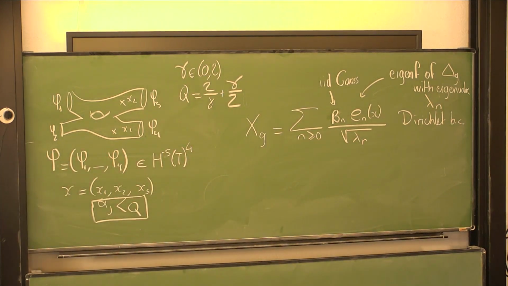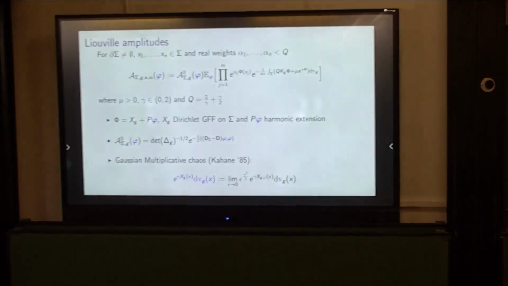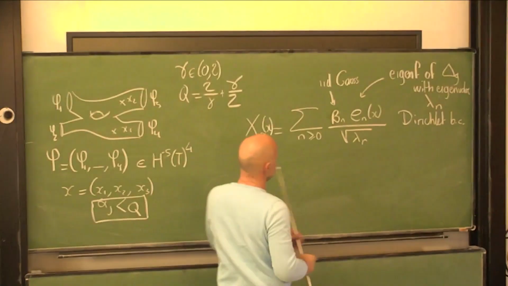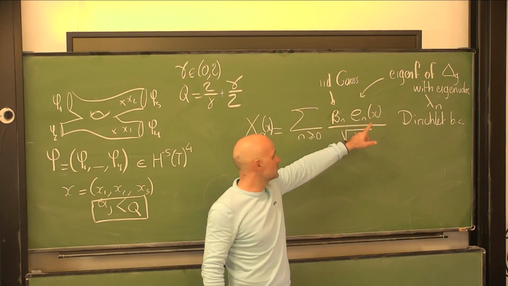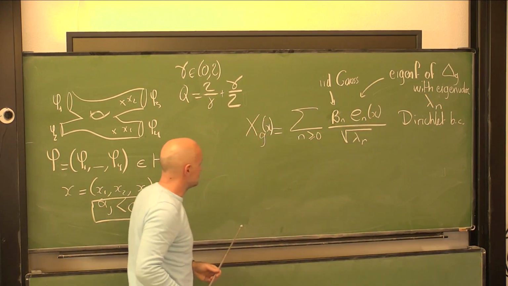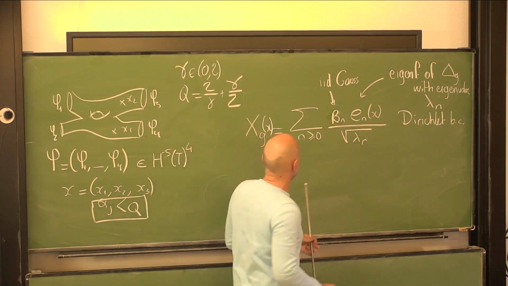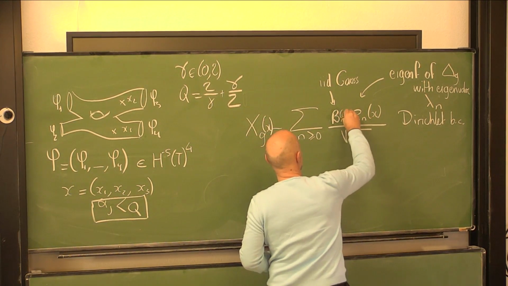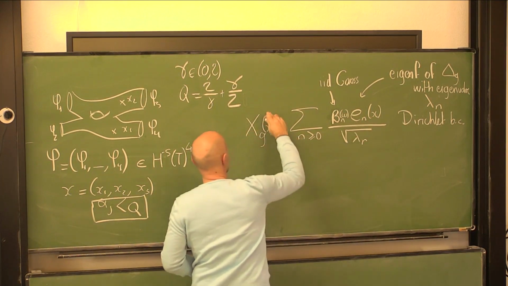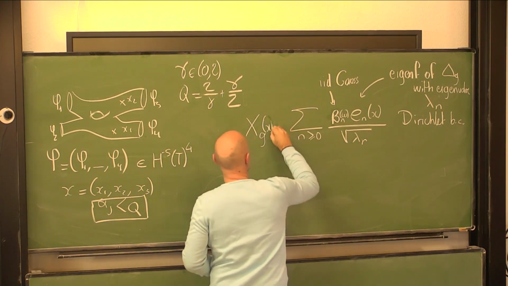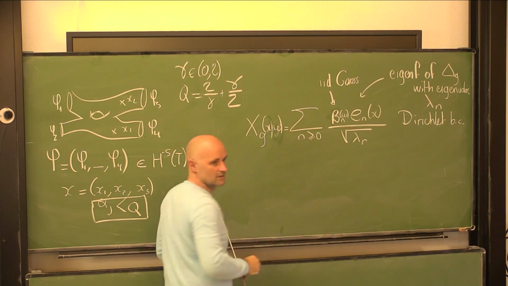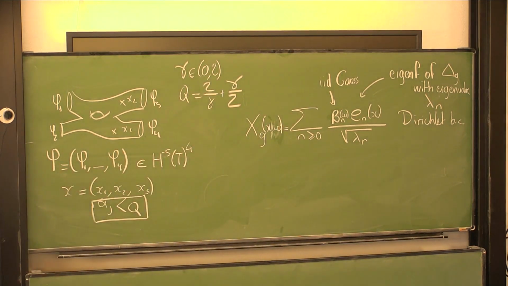So this is a function of x. The eigenfunctions of the Laplacian are defined on your manifold, but here you have some randomness. You can put it with omega if you like. So this is a random function of x, with zero average.